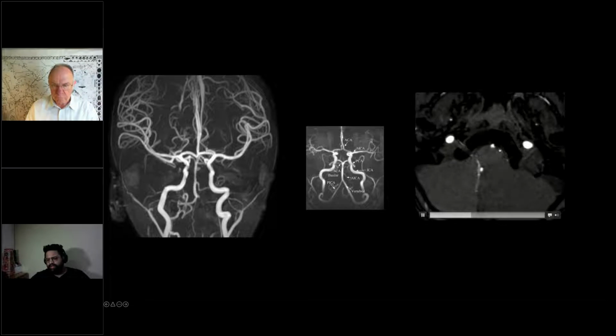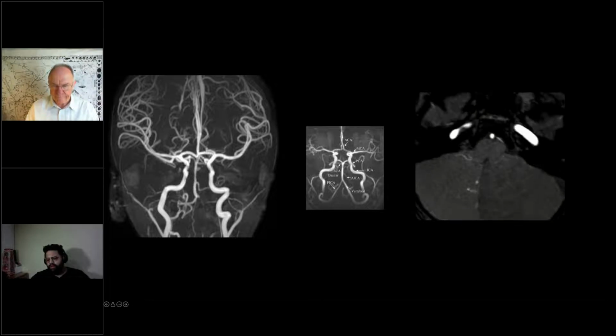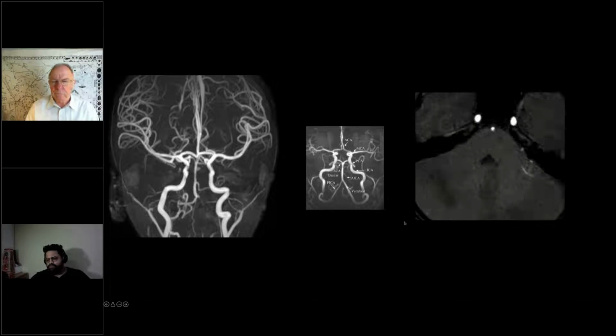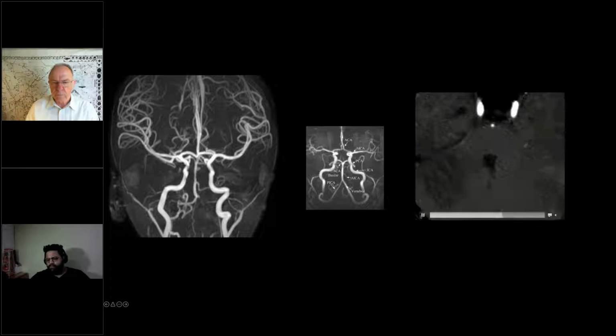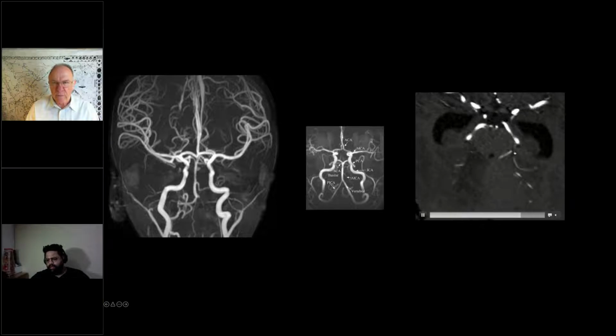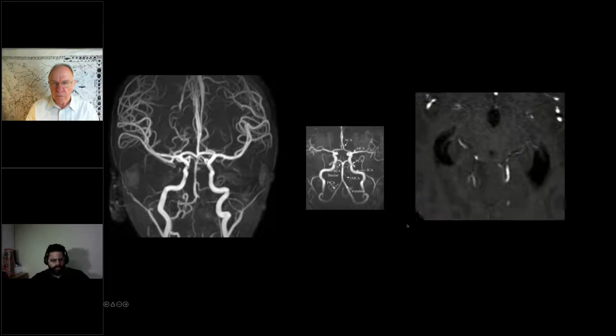The distal segment is faintly visualized, forming the basilar artery. The bilateral posterior cerebral arteries demonstrate a normal appearance. So it's primarily a posterior circulation stroke, presenting with secondary compressive changes.